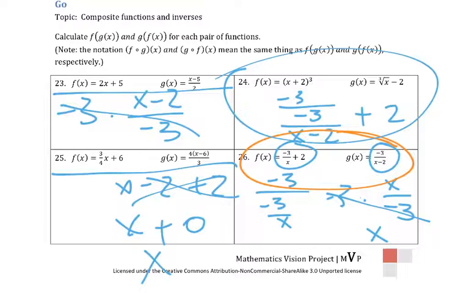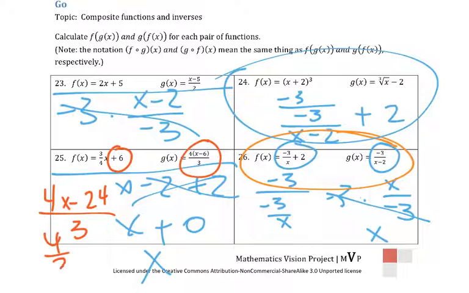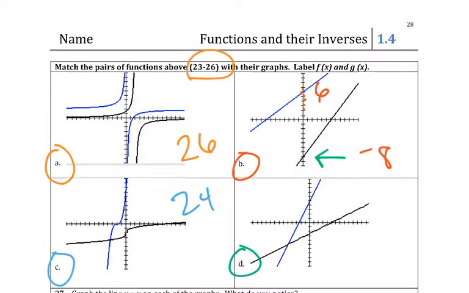So do we see a y-intercept with a positive 6? Yes. Would that also have a negative 8 over here? It could, because if we went 4 times x minus 24 all over 3, it would be 4/3 x minus 8. So yeah, if we simplified it, it would. So 25 is going to be B, which means 23 would be D.